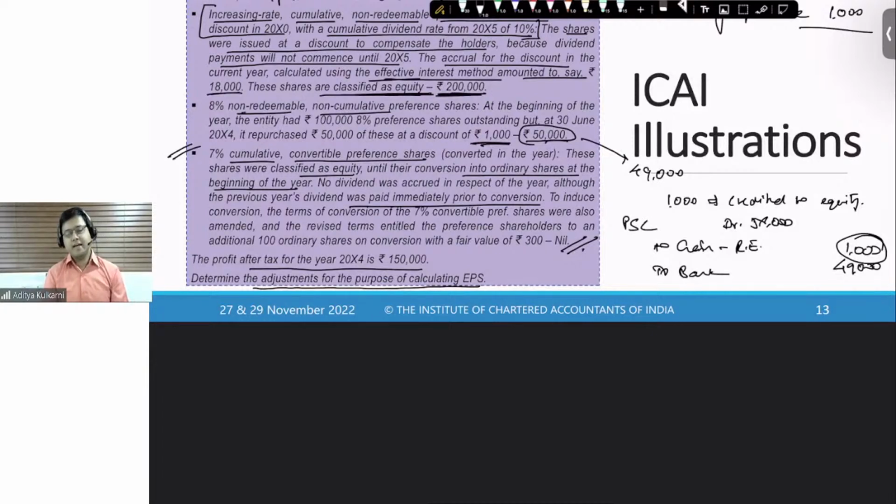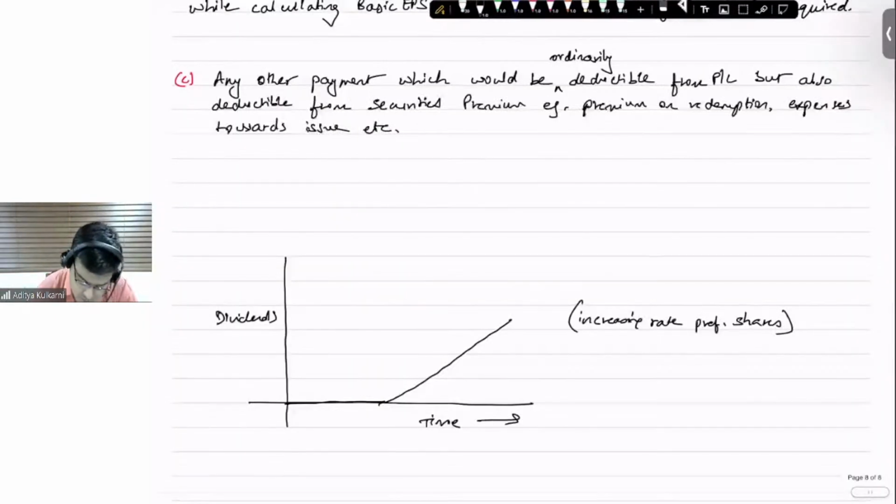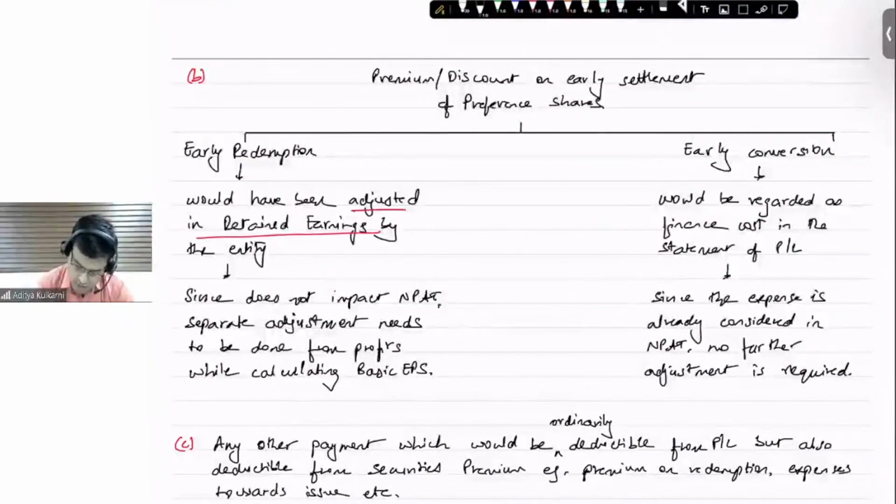We decided this now, to induce conversion. Meaning, to encourage our preference shareholders to convert, what did we do? We changed the terms. What are my revised terms? We will give you 100 more shares, whose fair value is 300. Yes, so this is the inducement which is given. And if you look at our notes, early conversion is regarded as a finance cost in the statement of P&L.